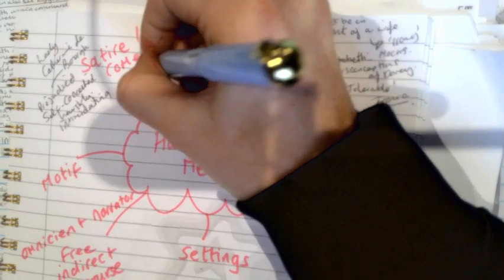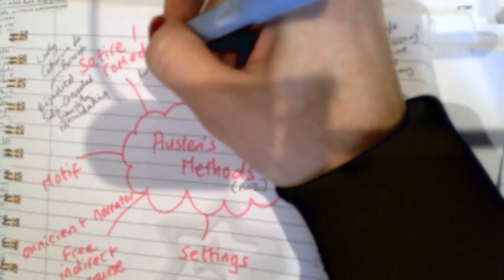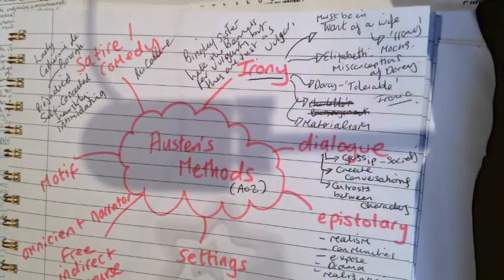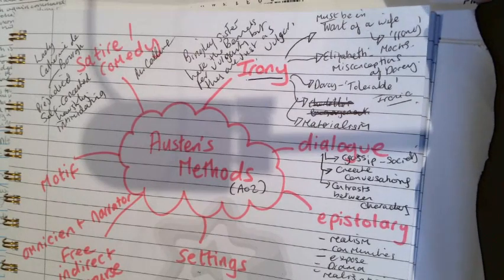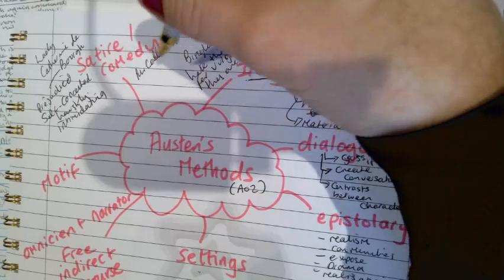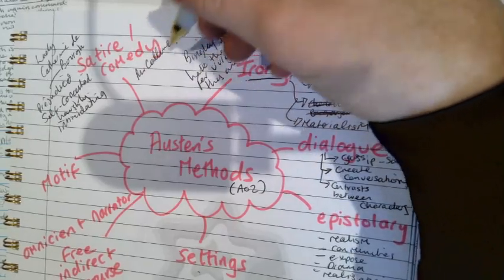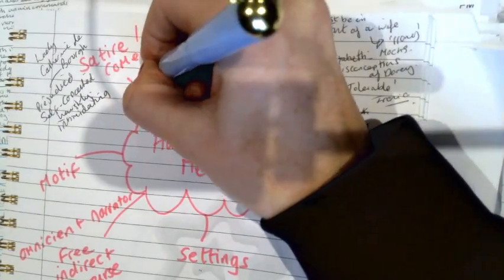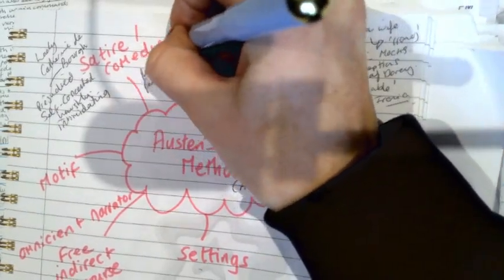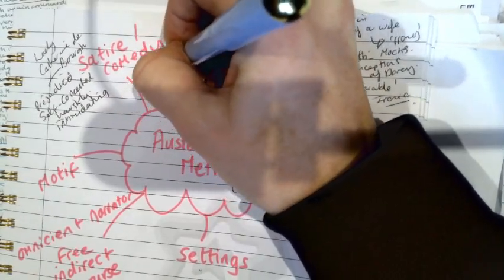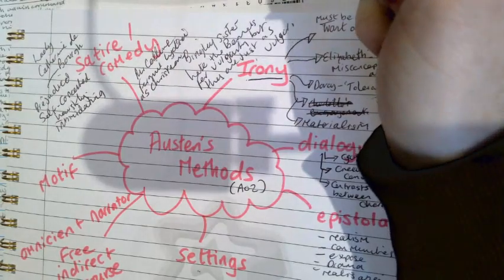In terms of Mr. Collins, he's quite ironic as well, particularly when Lydia runs off with Wickham. He says that you ought to forgive them as a Christian, so you ought to forgive Lydia as a Christian, but rather comically says, but don't let them into your sight or don't ever hear of them again.